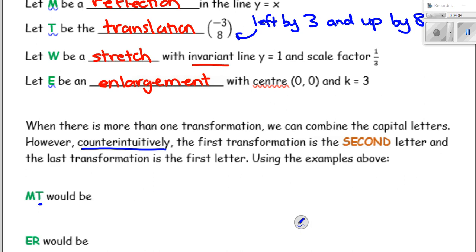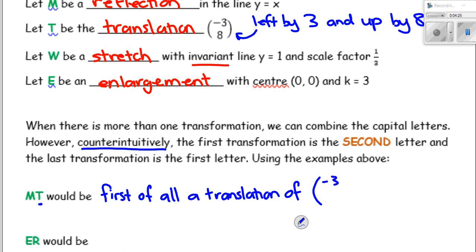So MT would be, first of all, remember the second letter is what happens first. So first of all, translation of -3 and 8, according to the descriptions I've got above, and then, in this order, the first letter, M. What's M?